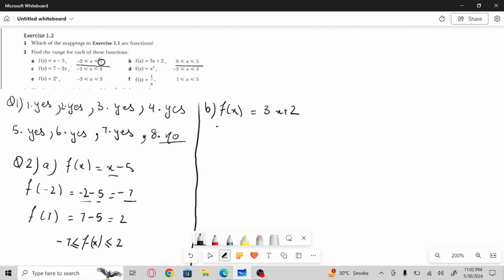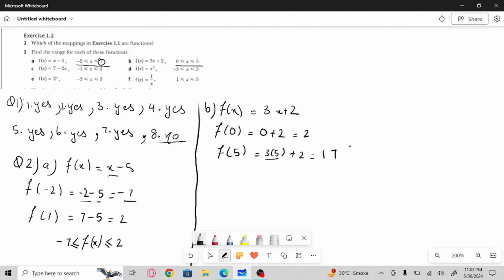So if we input the value of x to be 0, we are going to get 3 multiplied by 0 is equal to 0, plus 2, which will be positive 2. And similarly, if we input the value of x to be 5, we will get 3 multiplied by 5 plus 2, and 3 fives is equal to 15, and if we add 2, we get the answer of 17.